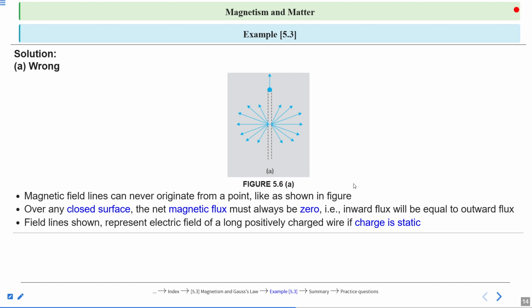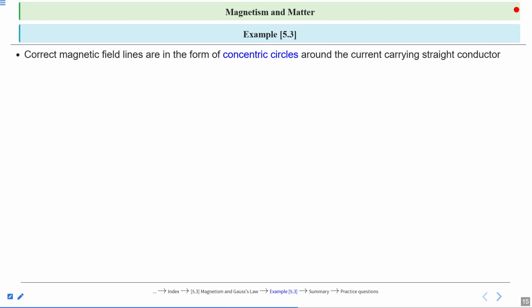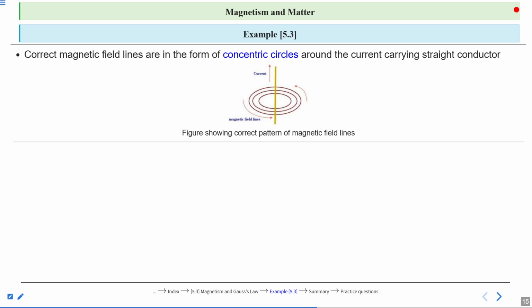Magnetic field lines around a current carrying conductor are in the form of concentric circles around the wire, in the form of closed loops. So this is an incorrect pattern. The correct magnetic field lines are concentric circles around the current carrying straight conductor, like this.